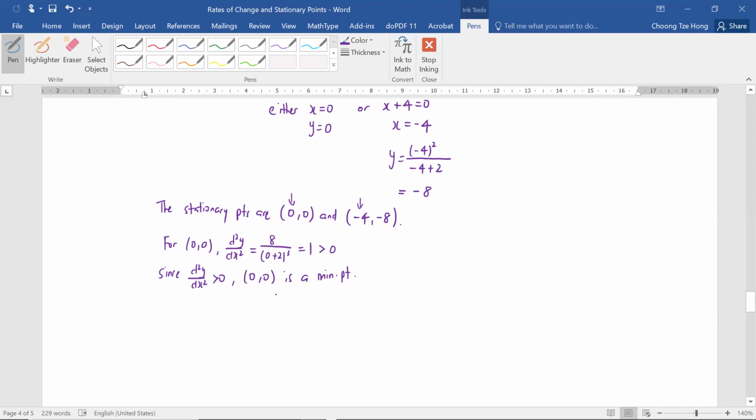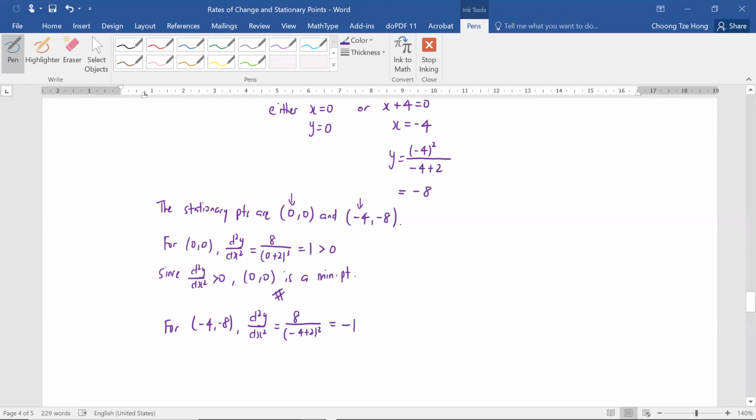Let's do it for the other point, (-4, -8). We're going to sub inside the d2y/dx squared. So we'll get 8 over (-4 + 2) cubed.